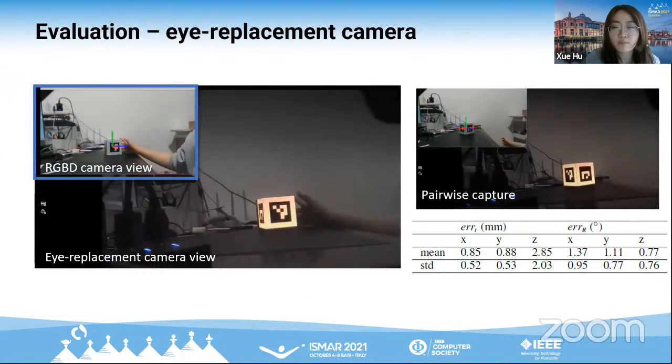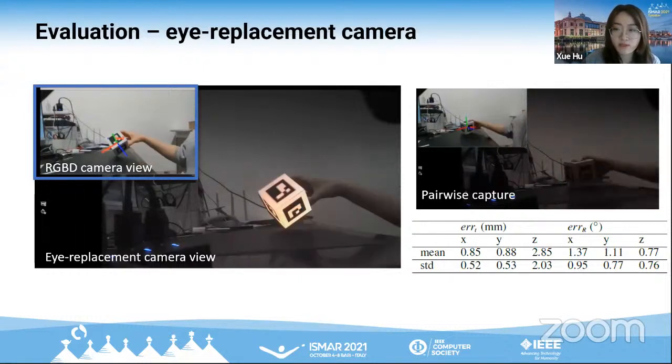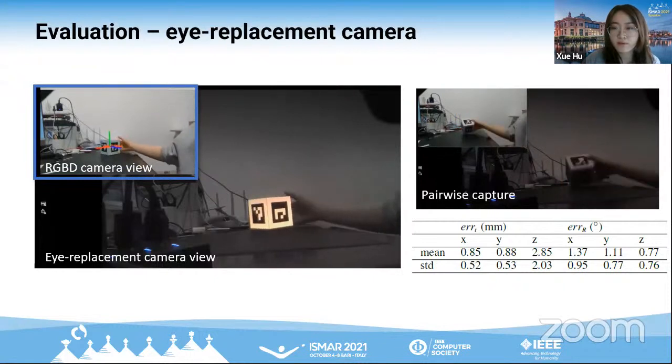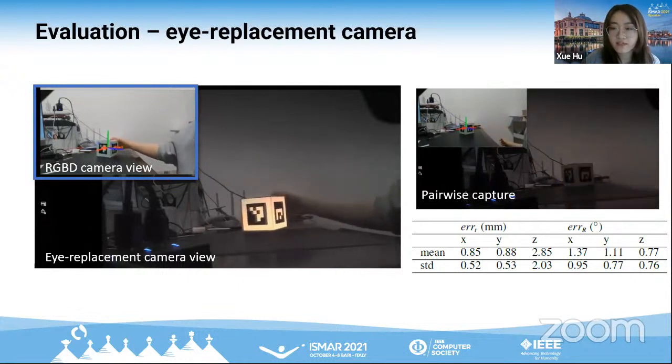For the evaluation, we first evaluate the calibration accuracy by placing an eye replacement camera in the headset's eye box. This allows us to objectively record what an actual user can observe when the OSD display is on. An Aruco marker cube is used as the AR target.